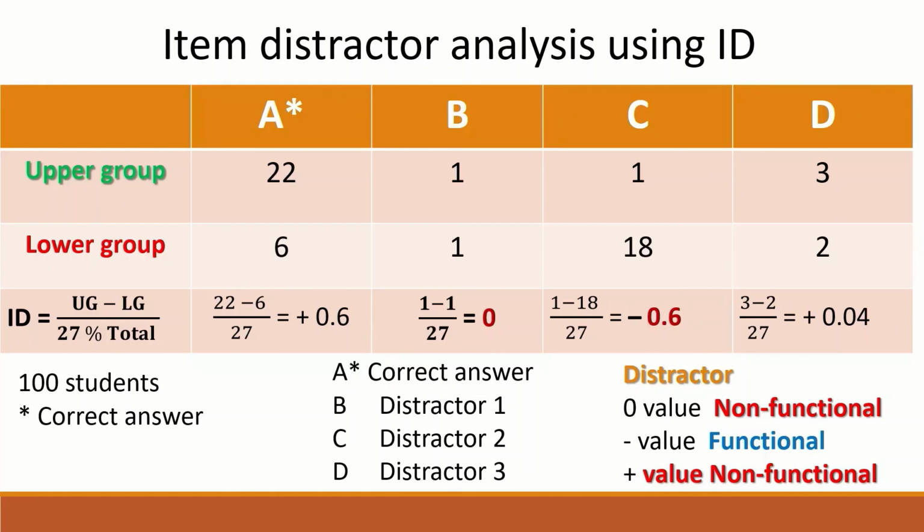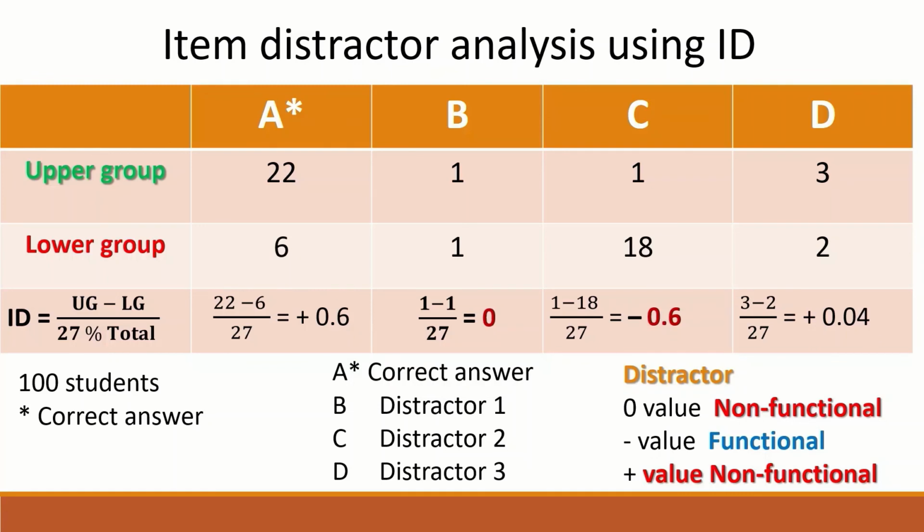To perform this analysis, the total score achieved by each individual student for those 100 students is calculated, and the total scores are arranged from high to low, and based on that, an upper group and lower group are generated. The upper group will have the top 27% of total scores, and the lower one will have the lowest 27%.